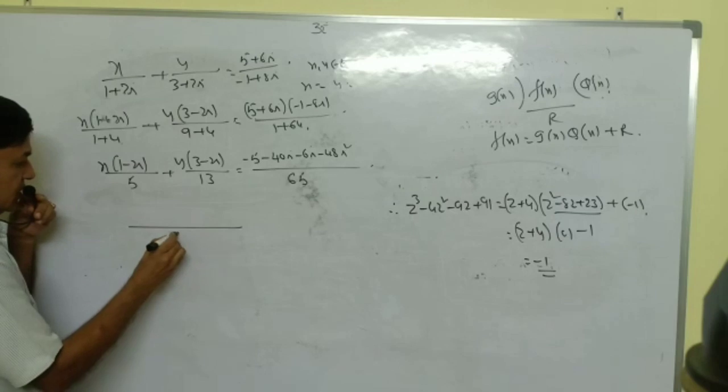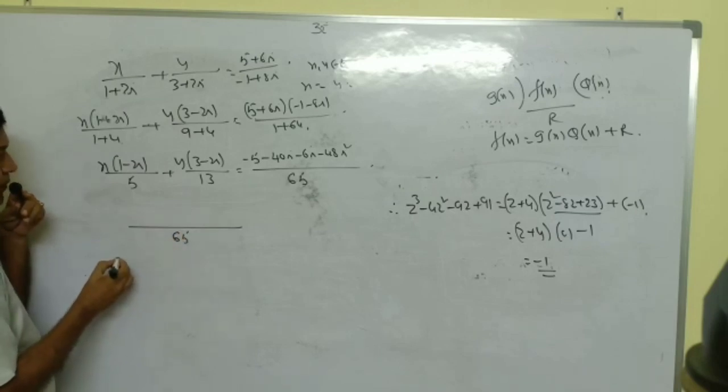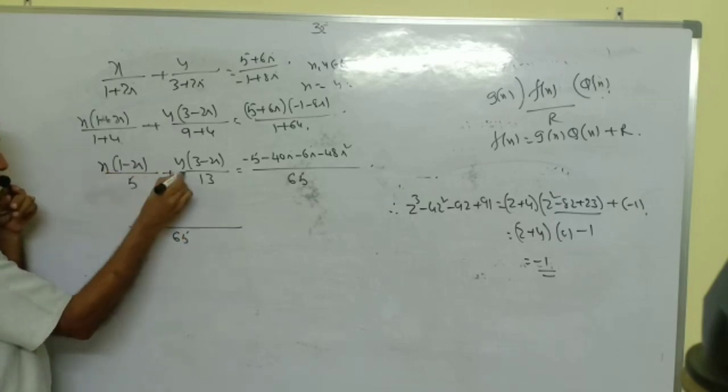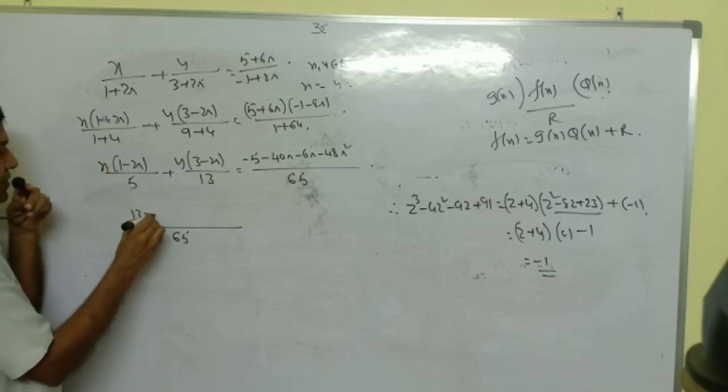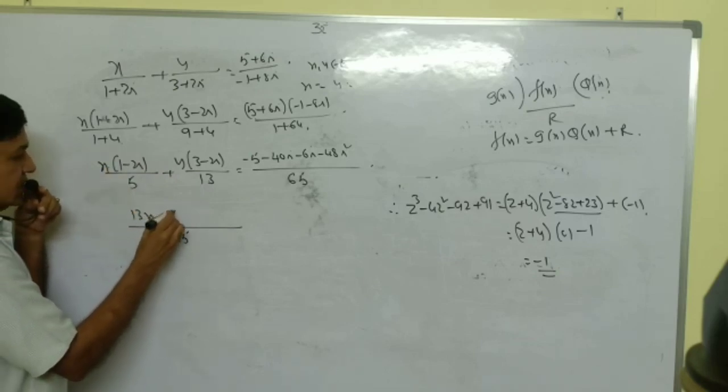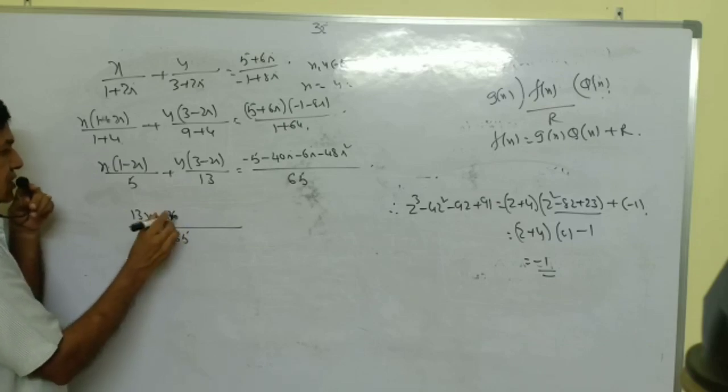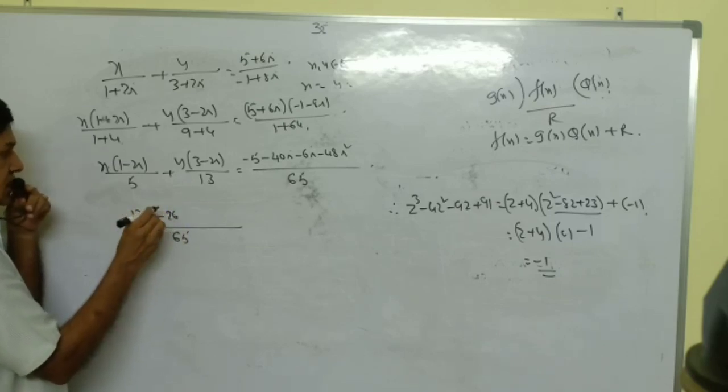So the LCM is 65. So if we take LCM, 13x minus 20.